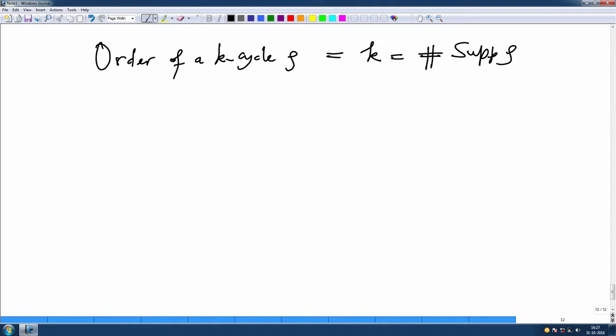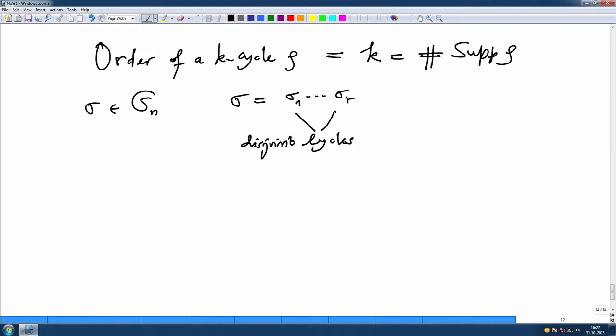Once you have this, then given any permutation sigma in Sn, we have canonically decomposed this sigma into r factors, sigma 1 to sigma r, where these are disjoint cycles. The use of disjointness is because they commute with each other.